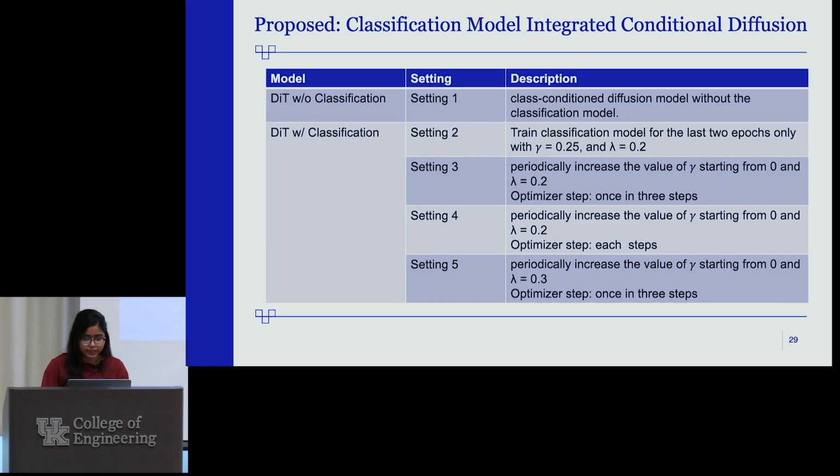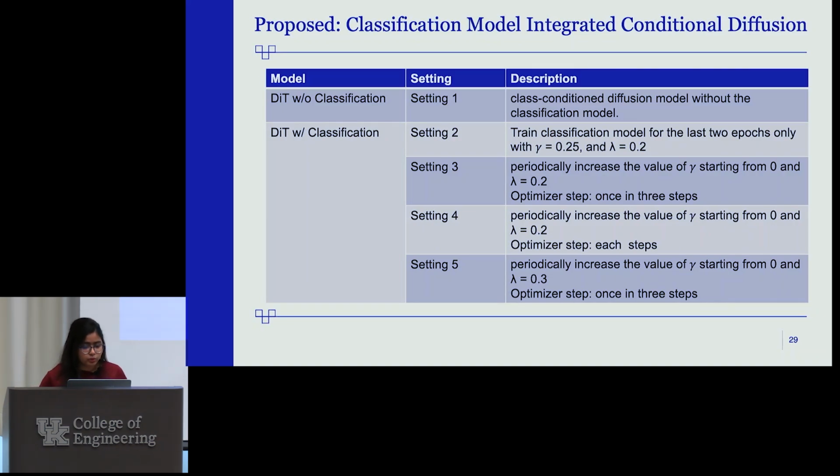To account for that, we came up with different settings. In setting 2, we train the integrated classification model on the last 2 epochs of the diffusion training with gamma 0.25 and lambda 0.2.